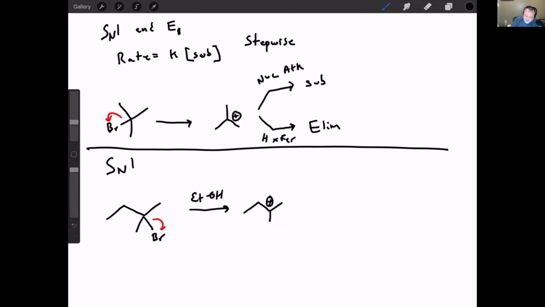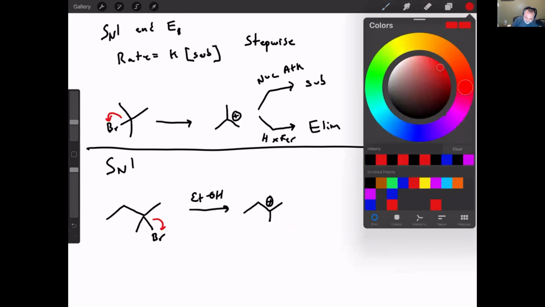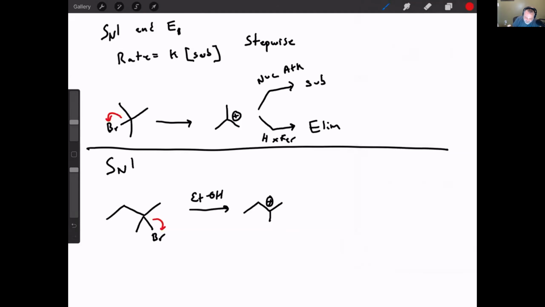And so what will happen in these cases if I have ethanol or other protic solvents is that I can get the ethanol to do the nucleophilic attack. This will add an ethanol in that location where the carbocation is.